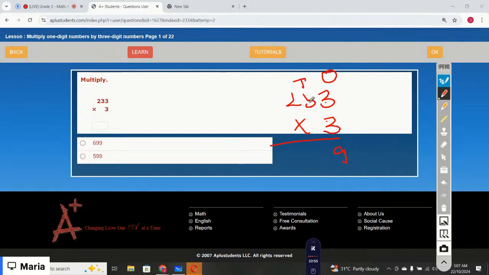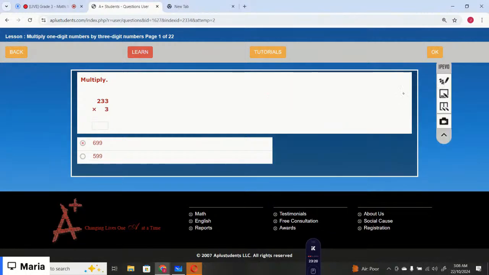Then you need to multiply the tens digit, 3 times 3, that is 9. Then you have to multiply the hundred digit, so 3 times 2 is 6. So the correct option is 699. Got it? Option number 1 is the correct option, that is 699.